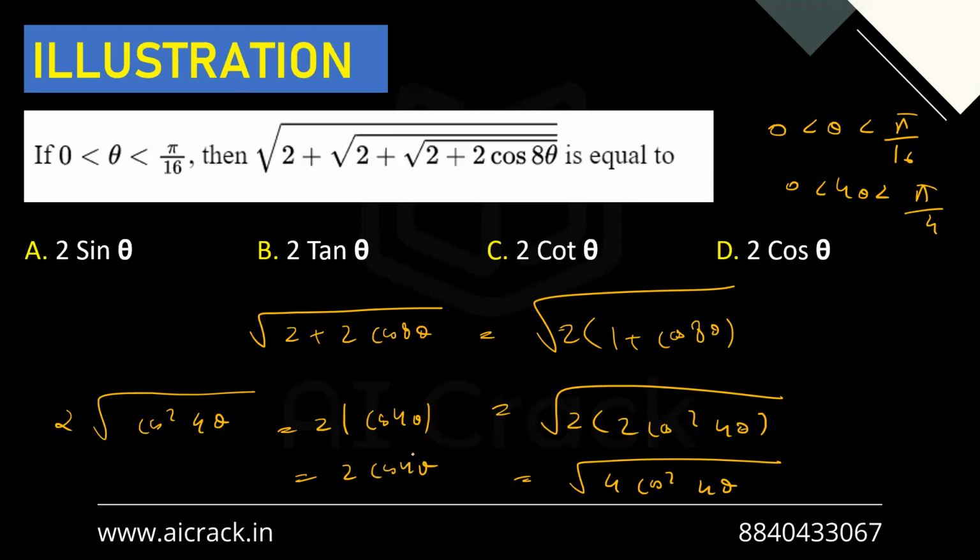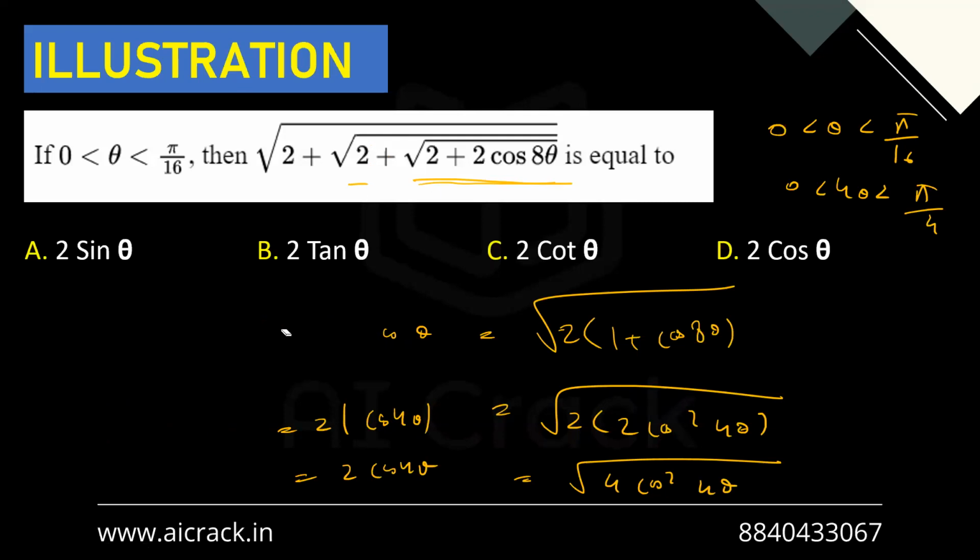Now once we have created this, we have opened this particular under root, 2 plus 2 cos 8 theta, that becomes actually 2 cos 4 theta. Now we have 2 plus 2 cos 4 theta over here, same kind of thing. So we can extrapolate it, because we have done all this effort over here. We can extrapolate the same thing over there.